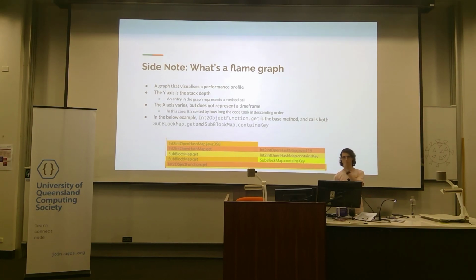It's not a time frame graph, so the x-axis does not increase as time increases. It's actually the amount of time the code took. In this case, as you can see, there's this function here. That was the main function that got called, and then the ones on top of it are the ones that it called and the amount of time that each of those took.